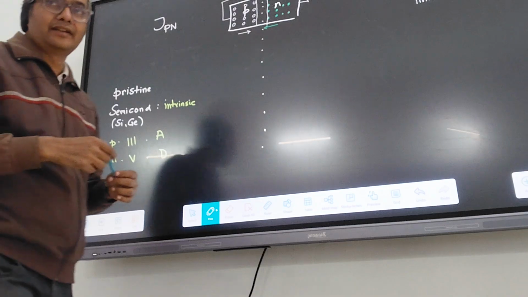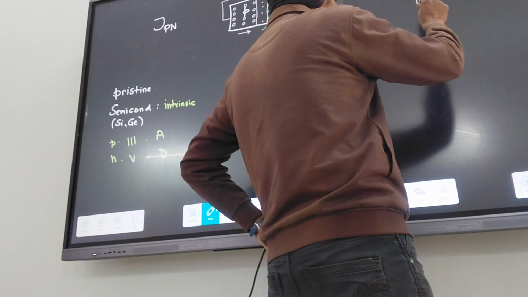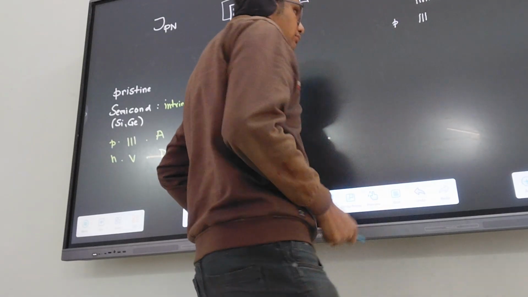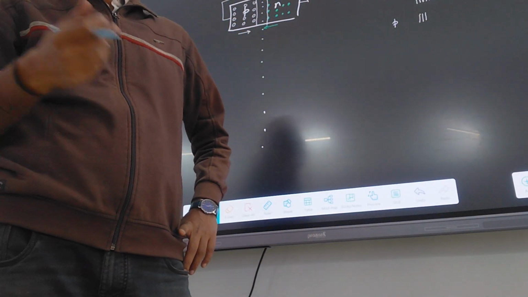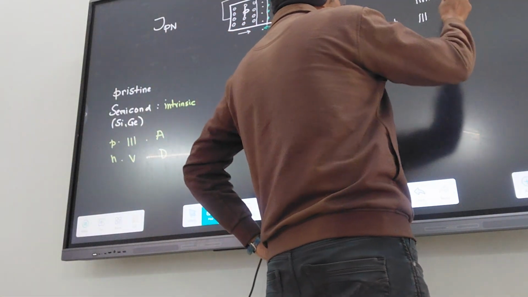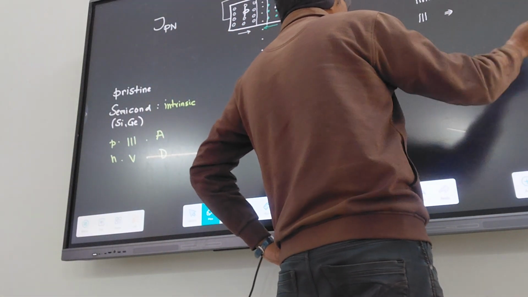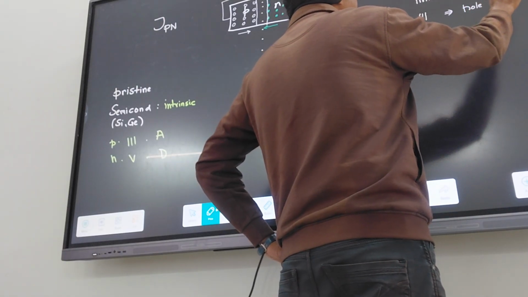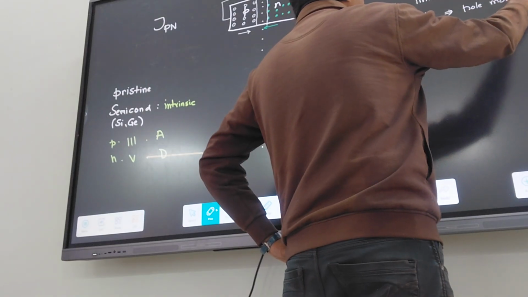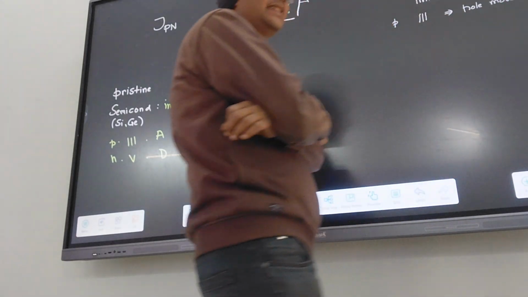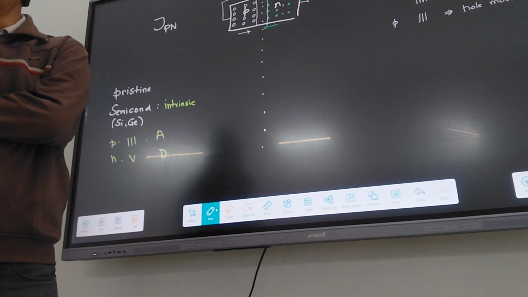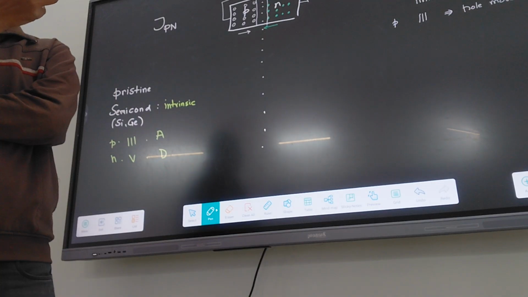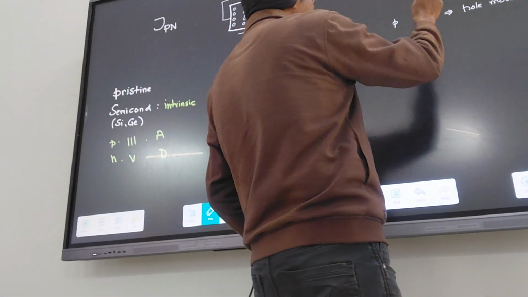Now, whenever a trivalent, for example, let's consider P side. P side में क्या है? Trivalent impurity आ रहा है. Trivalent impurity मतलब एल्युमिनियम हो गया, जो भी हो गया. It is giving rise to hole movement. ठीक है. Hole movement होने का मतलब क्या? मतलब if it is a trivalent, there are three.